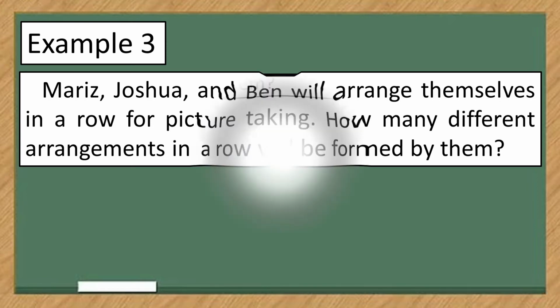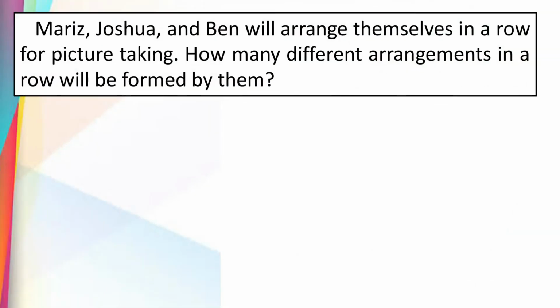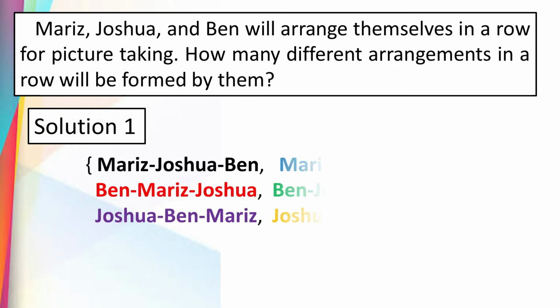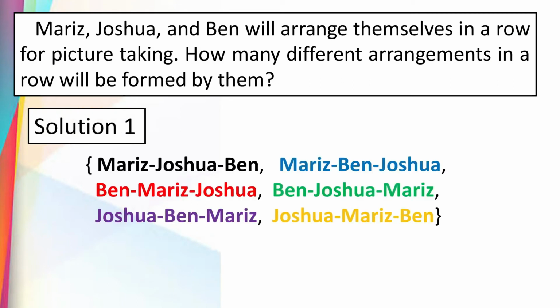If we are going to list down all the possible arrangements, we'll have Maurice, Joshua, Ben; Maurice, Ben, Joshua; Ben, Maurice, Joshua; Ben, Joshua, Maurice; and Joshua, Maurice, Ben.